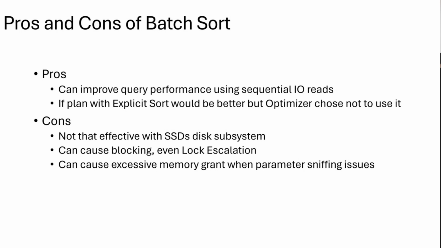And why can it cause excessive memory grant when there are parameter sniffing issues? So let's say my query was granted 700 megabytes to return 4 million rows. It's a query inside a stored procedure, and the plan is compiled and reused for the next execution of the stored procedure.